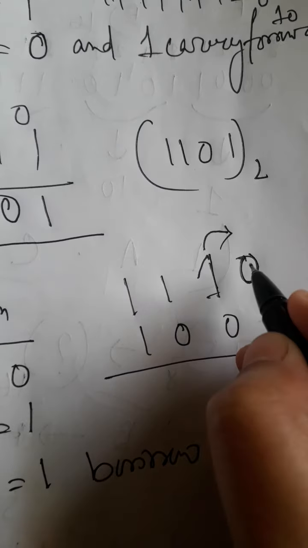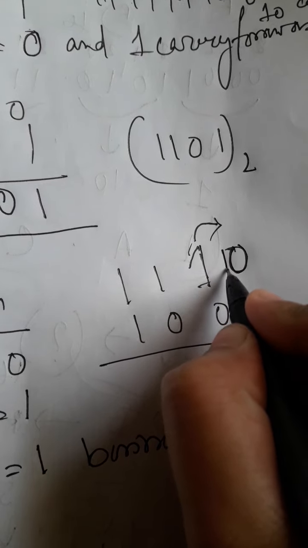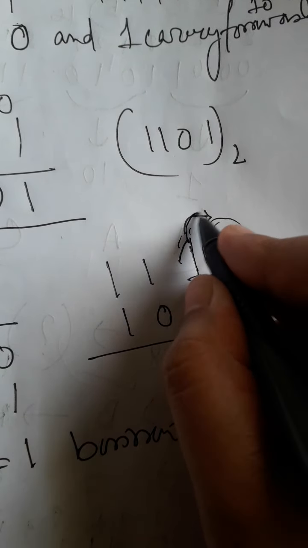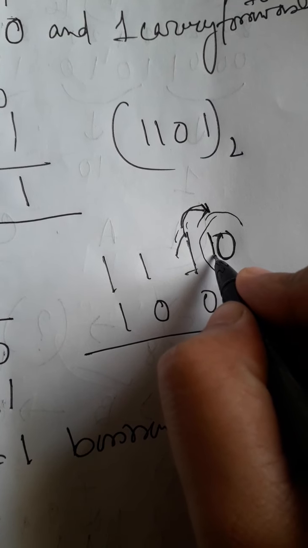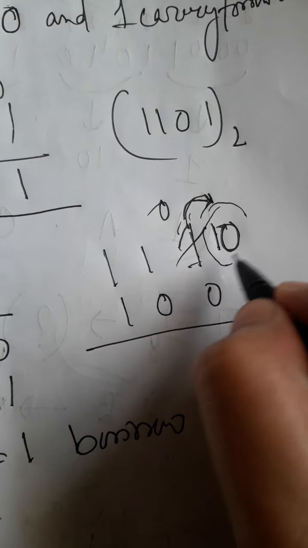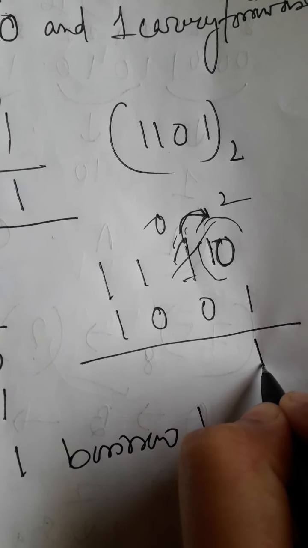So now I am giving this 1 to its next bit. Now the number is 10 because I am forwarding the 1 to the next bit. The previous bit will be reduced by 1, so its value will be 0 because 1 is not present here. The binary 10 is 2. So now subtract: 2 minus 1 is 1. See, 2 minus 1 is 1.